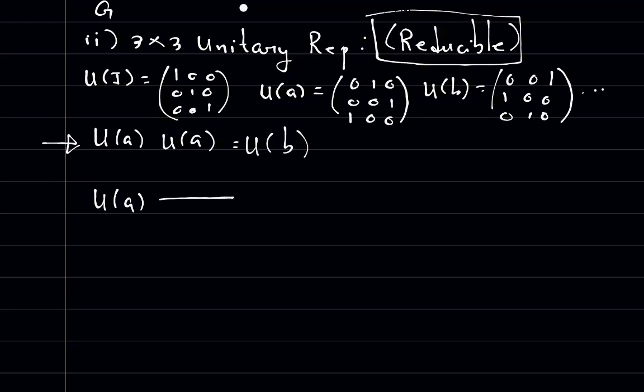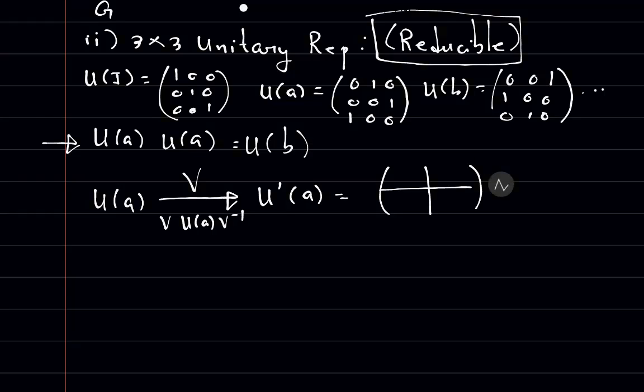By reducible, it means you should find some V, which gives us a new matrix. V will give you a new matrix that represents A: write U of A, multiply V inverse here and V here, and it gives you a new matrix. The special thing about this new matrix is that it is block diagonal.